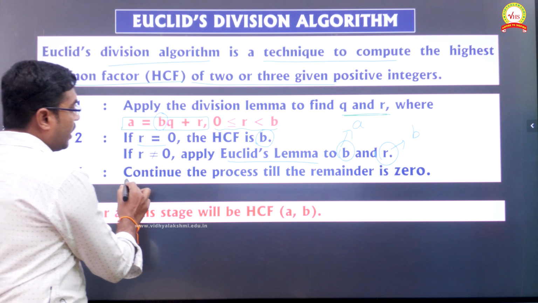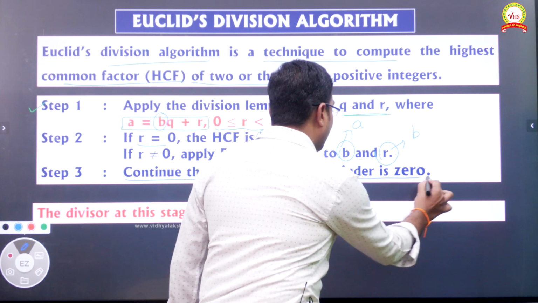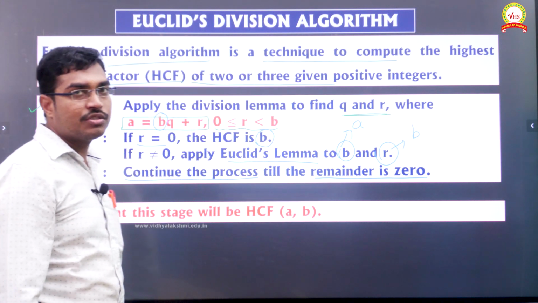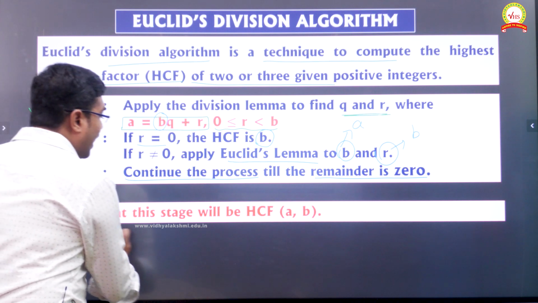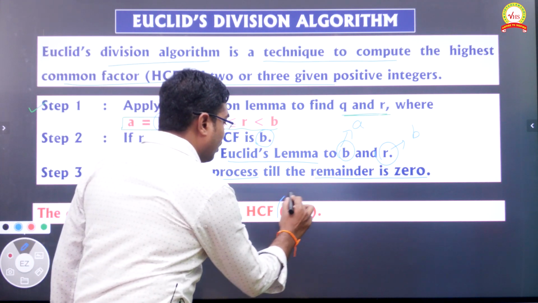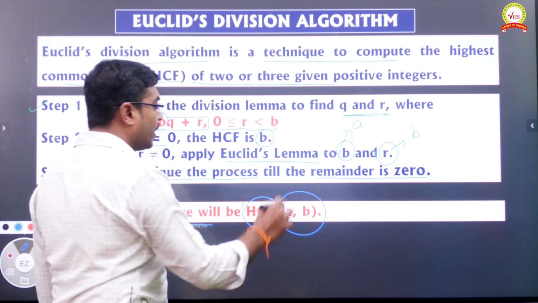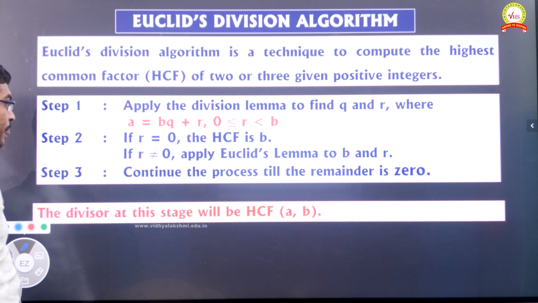Continue. Step number 3, continue the process till the remainder is 0. Continue the procedure until we get remainder 0. The divisor at this stage will be the HCF of a, b. Okay. Next we are going to the example.